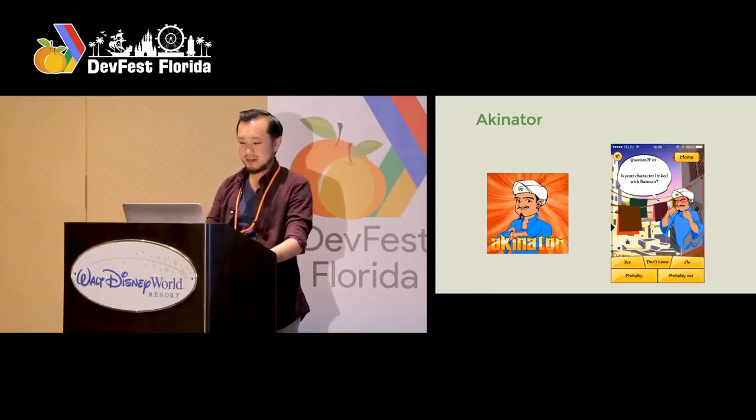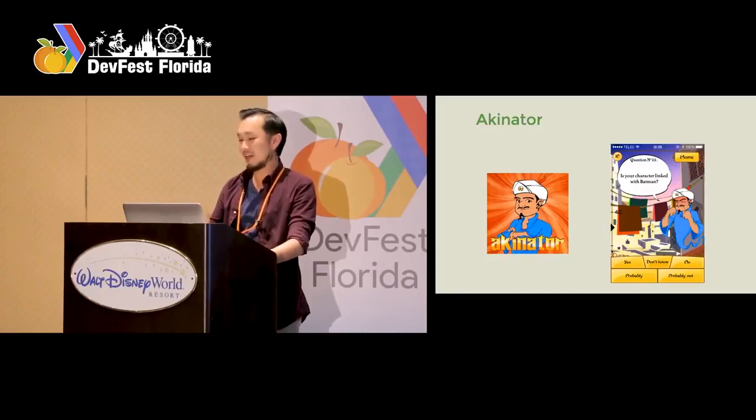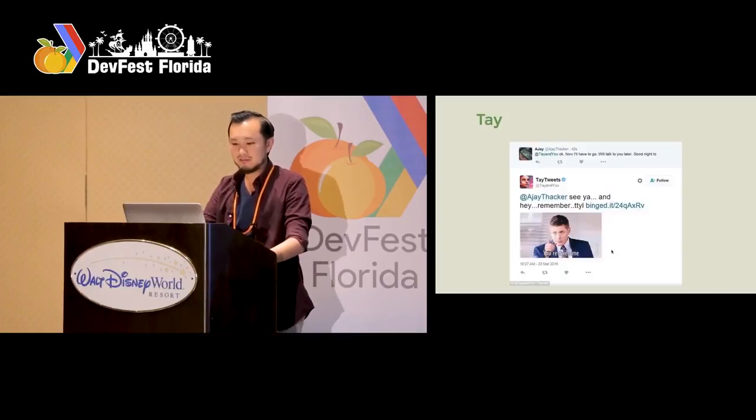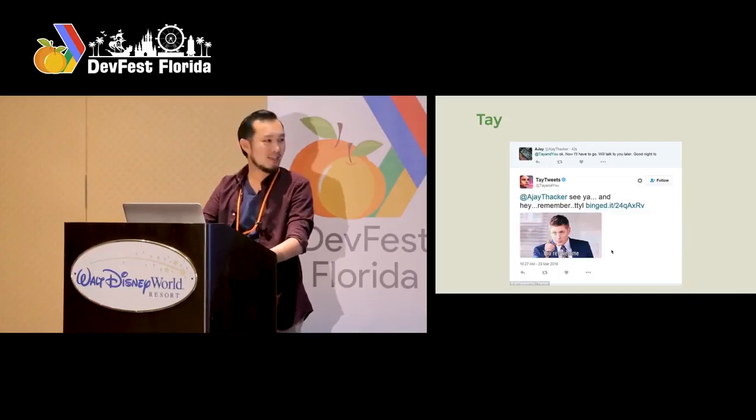I've not beat him yet, but that's the quality: if he ever fails to figure out a character, he'll ask you who that character is, and he'll learn how to get better at figuring out that character again. So it learns from your interactions and when it fails. Another interesting chatbot that is what we call intelligent is Tay. Tay came out last summer-ish, and it was Microsoft's experiment with AI.